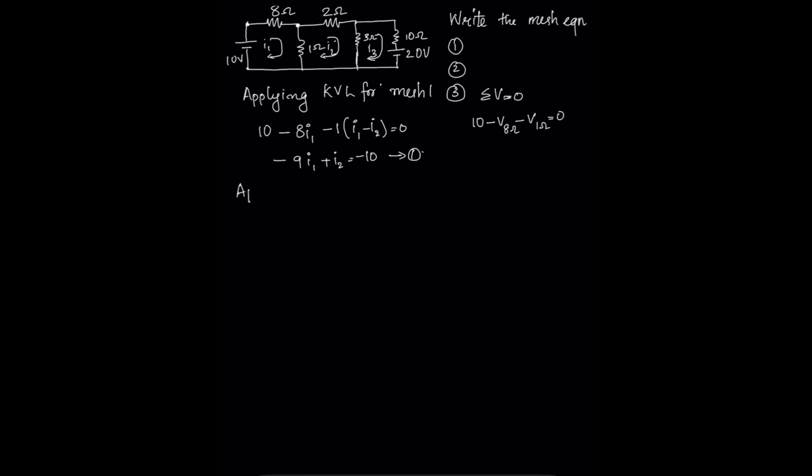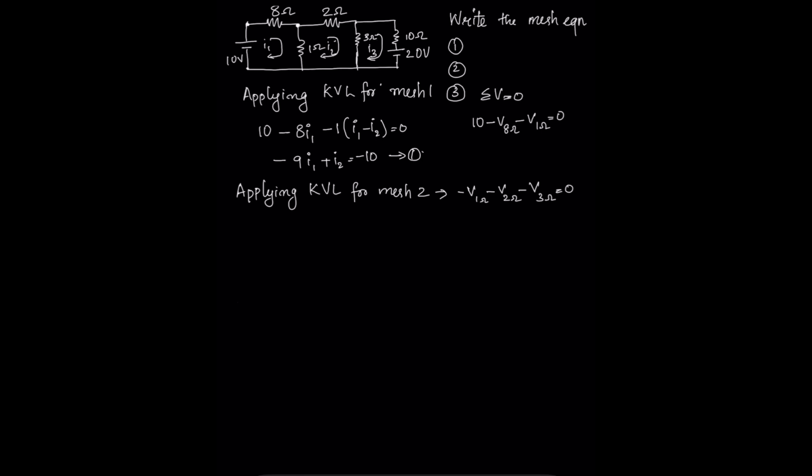Then again applying KVL for mesh 2, we will get V of 1 ohm minus V of 2 ohm minus V of 3 ohm is equal to 0, because there is no voltage source associated with mesh 2.